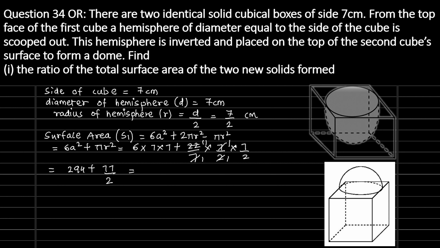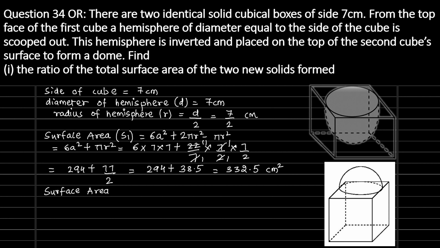So 294 plus 77 upon 2, which is 38.5. On adding this, we get 332.5 centimeter square.